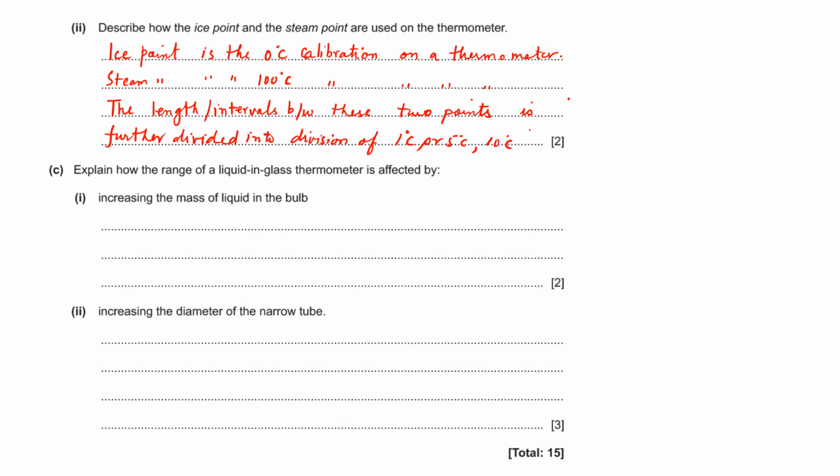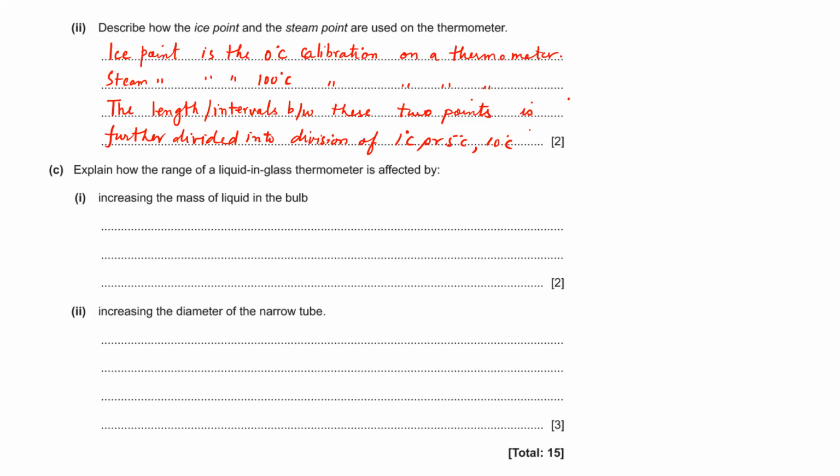So basically, the ice point and steam point are two endpoints on a liquid in glass thermometer, and they give you the length in which you can easily measure the expansion of liquid, and relate that expansion of liquid to the change in temperature.